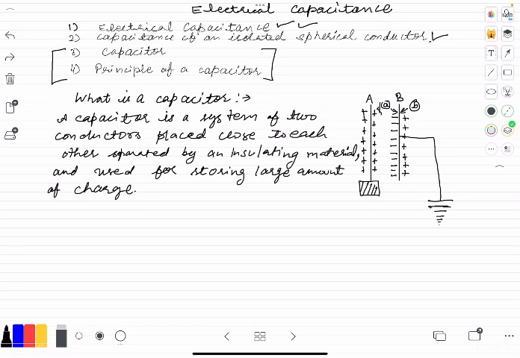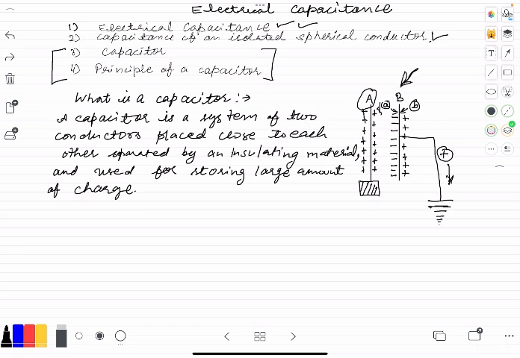So due to this negative charge, the potential of plate A is somewhat decreased, because the positive charge is a little farther from the negative charge, so its impact is slightly more. Now further, when we earth plate B, the positive charge flows to the earth, so now plate B is left with only negative charge.